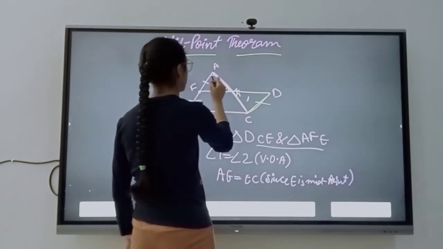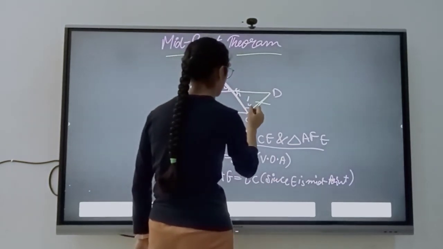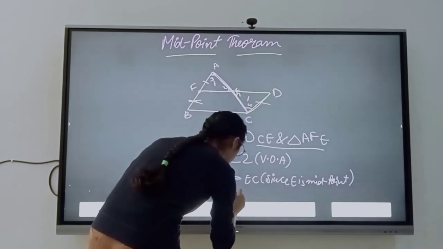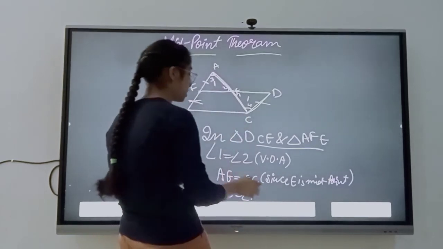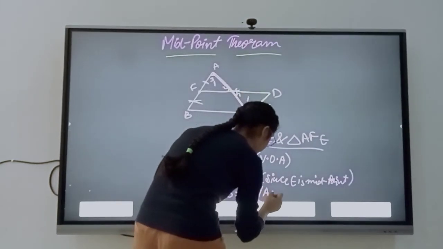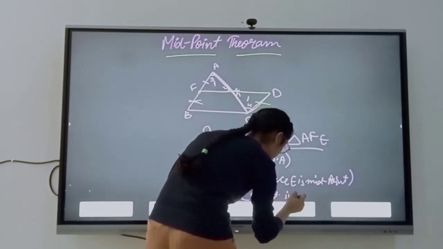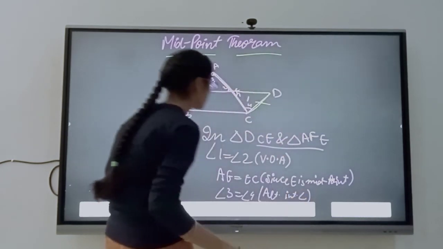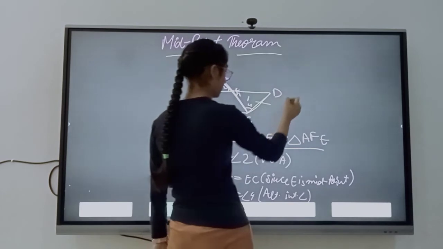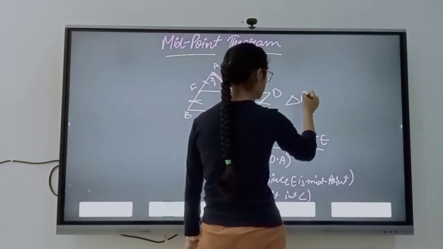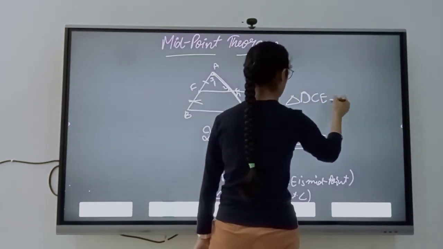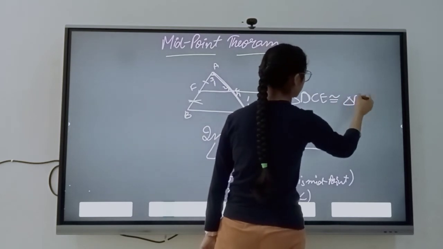And we can say that angle 3 is equal to angle 4 since it forms alternate interior angles. This proves that triangle DCE is congruent to triangle AFE.